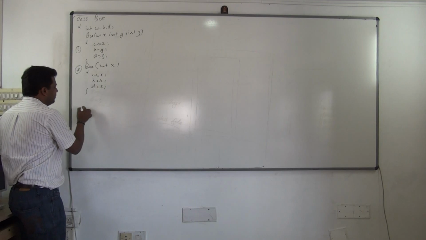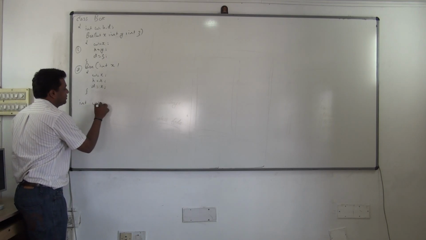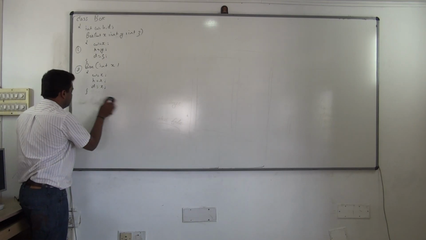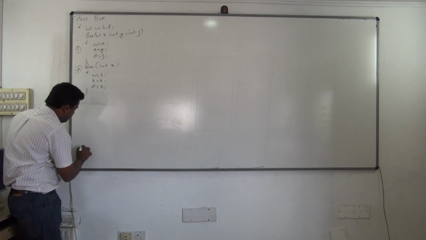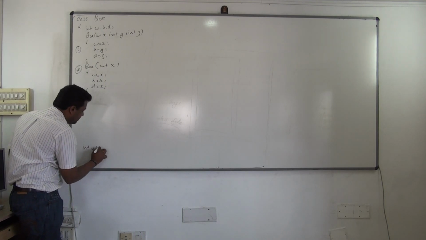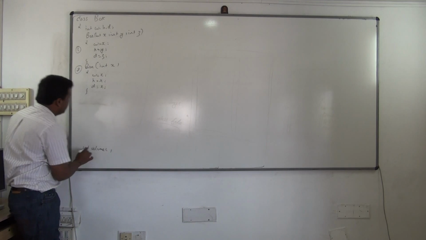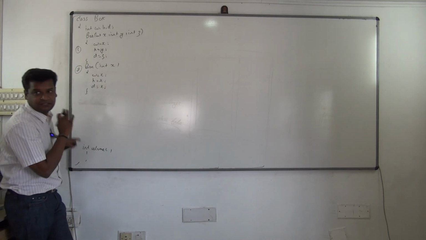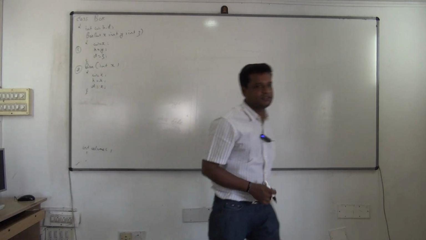First I'll write one, then I'll add more constructors, and keep space here. You can write a volume method. First I'll finish explanation of this, then I'll fill two more constructors.